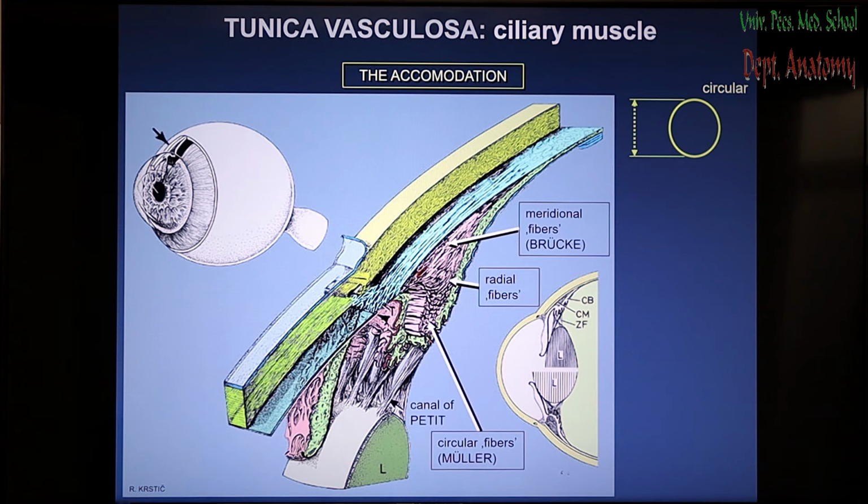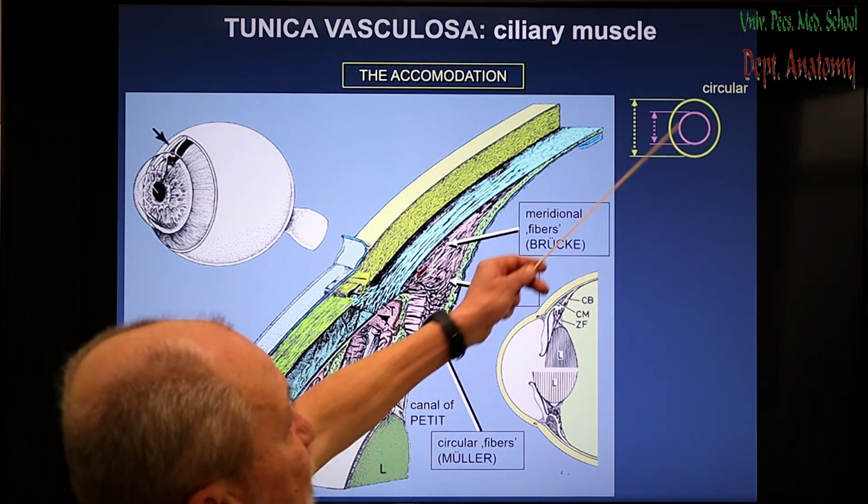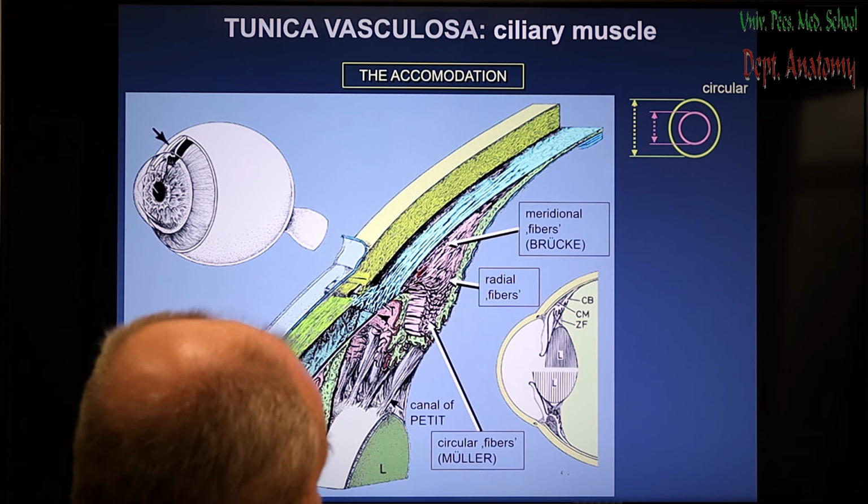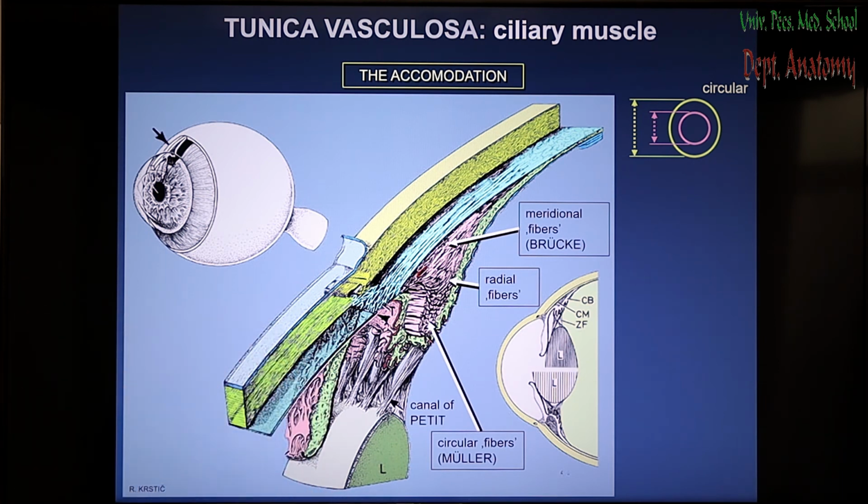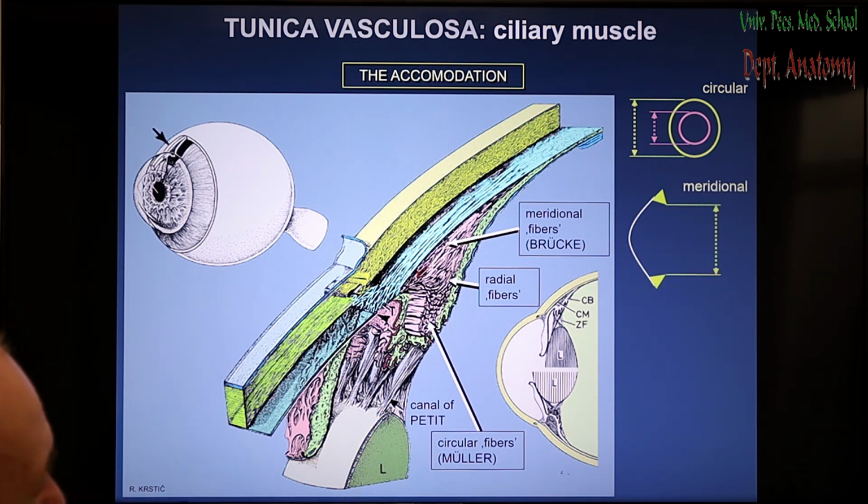First, the easiest to understand: the circular muscles, when they contract, act as a sphincter. Upon contraction, of course, the diameter of the structure gets smaller, and due to this smaller diameter, the lens becomes more convex, and this more convex lens is needed for the close accommodation of the eye.